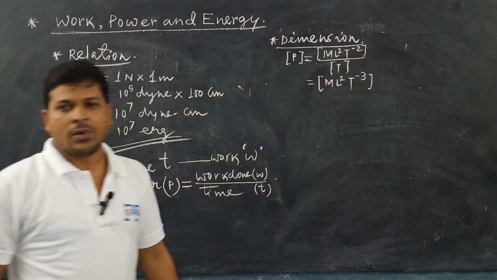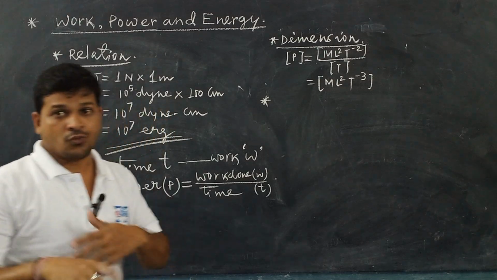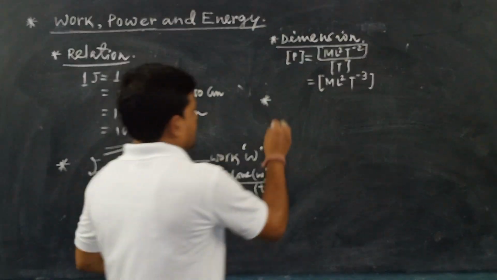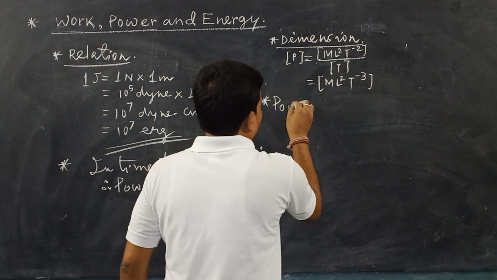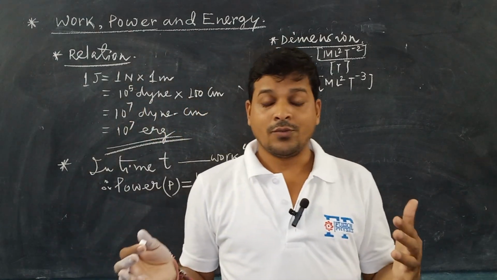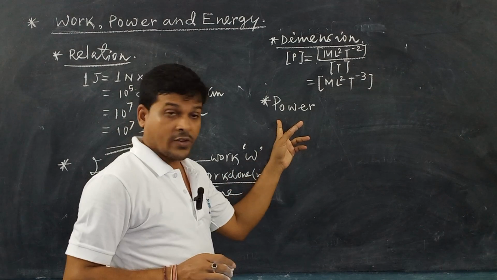This is the dimension of power, and power can be expressed with some other related physical quantities. This relation is very important for the exam and also for different competitive exams.